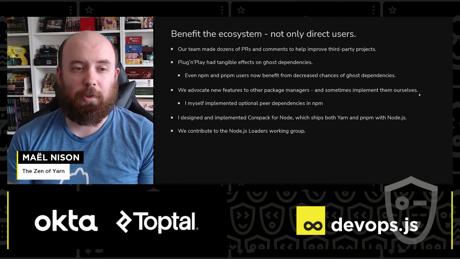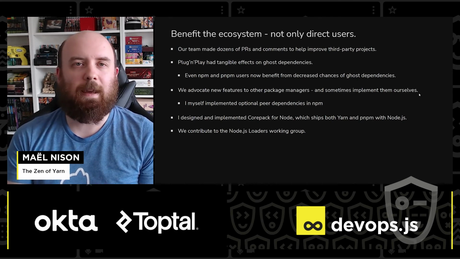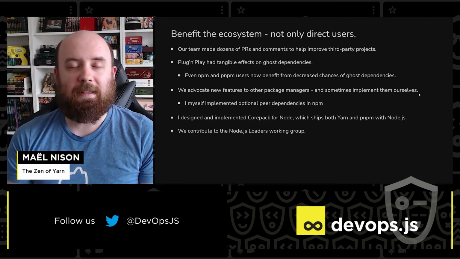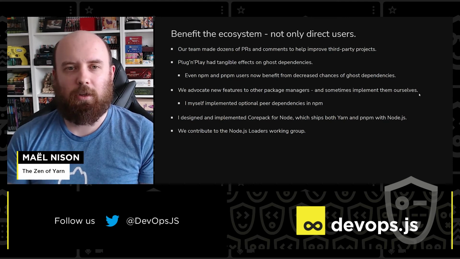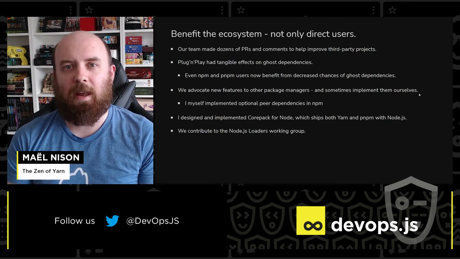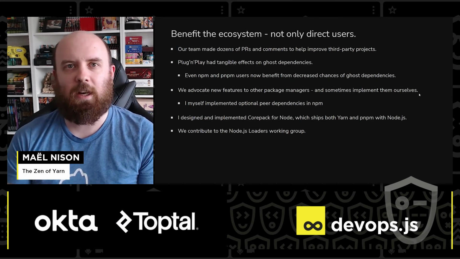And we also contribute to the Node.js loaders working group, so that the loader API, which is used by things like Jest in order to mock modules, is as powerful as it can be. So we really try to be a good citizen of the whole ecosystem and not only work to improve our project, but everything that is JavaScript.